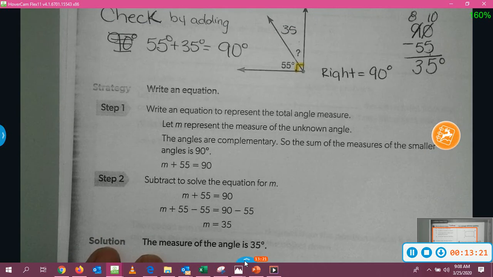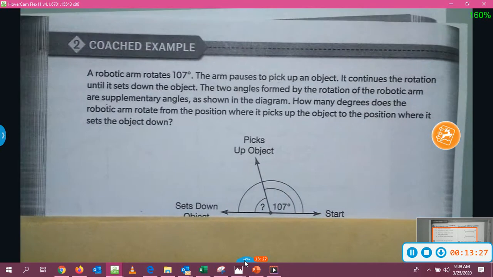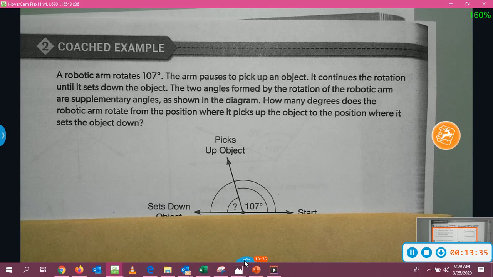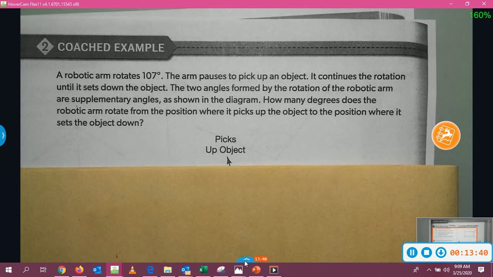Alright, let's move on. Okay, so our coached example. I wrote, read along with me, please. Example 3: A robotic arm rotates 107 degrees. The arm pauses to pick up an object. It continues the rotation until it sets down the object.